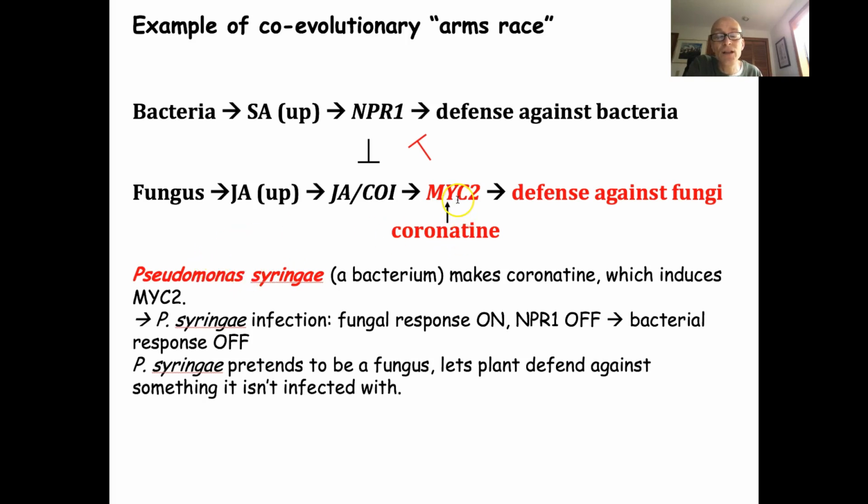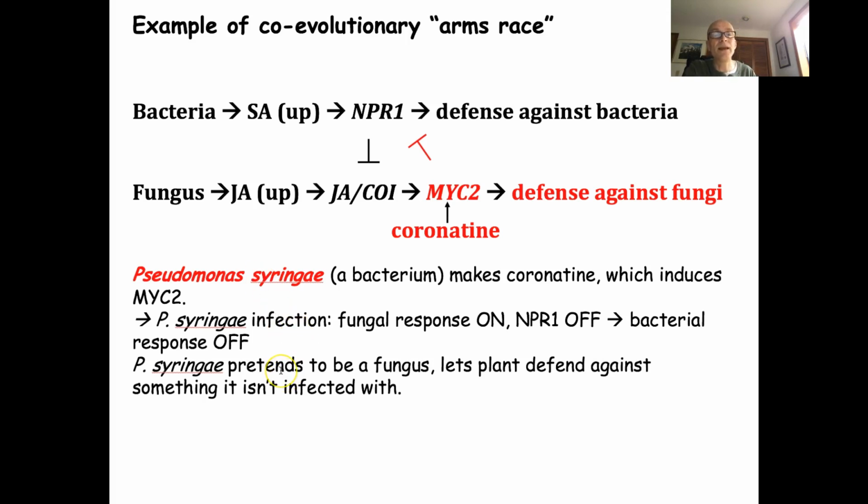It turns on the pathways that the plant uses to put a bunch of energy and activity against producing something that will help it fend off something that it's not infected with, and at the same time usurp its own pathways by turning off these pathways against bacteria so that it can take advantage of the fact that the plant is basically involved in mounting a huge response against something that it's not infected with.